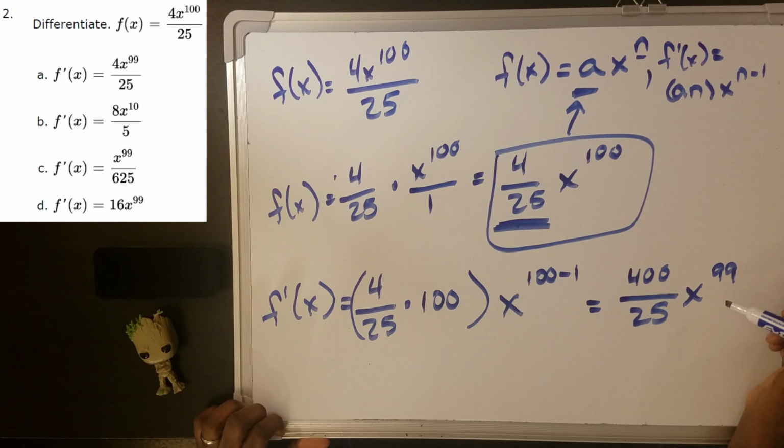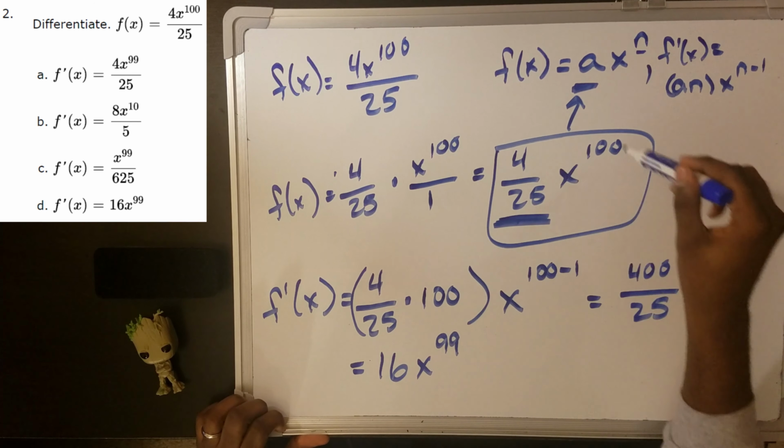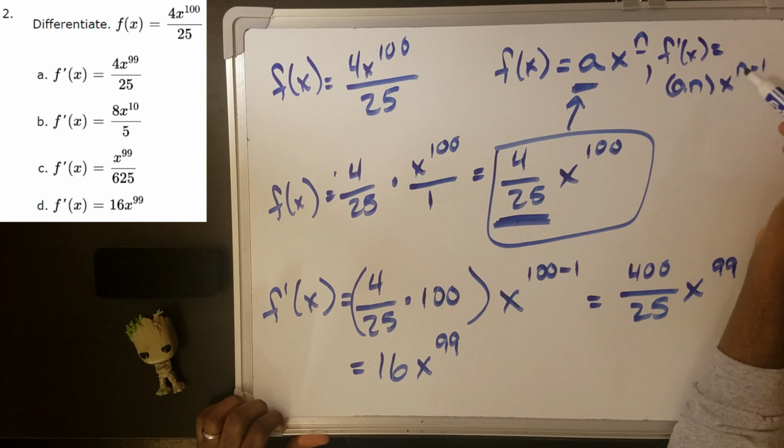We can leave it like this, but we can simplify a little more. How many times does 25 go into 400? That's 16, so we have 16x to the 99th power. By following our power rule, knowing we started with something of the form coefficient a times x to the nth power, we bring down the n, multiply by whatever coefficient is currently there, then subtract 1 from our exponent to get our new exponent.